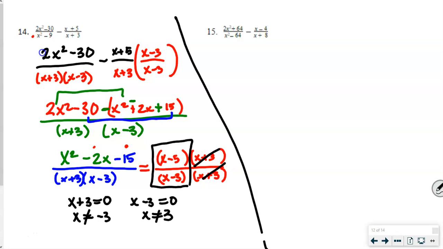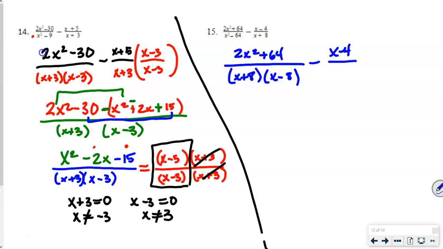So here again, we've got our 2x squared plus 64 over x plus 8, x minus 8, minus x minus 4 over, we had an x plus 8, so we're going to have to multiply that by an x minus 8 over an x minus 8.